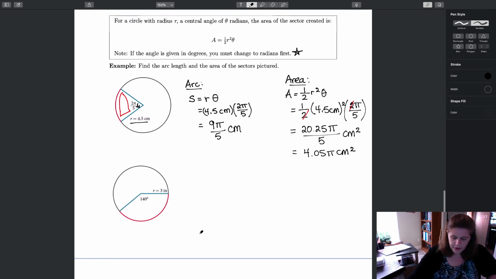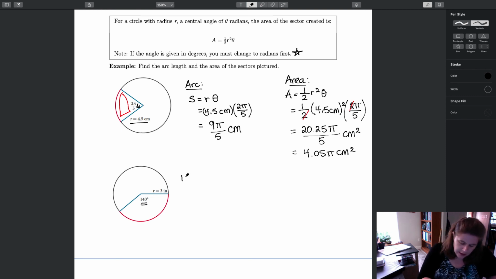Here's a different circle, so if I'm dealing with a different circle here, notice that I have 140 degrees for my angle this time. So if we want to change that angle, 140 degrees, into radians, we multiply by pi over 180. Simplifying that, let's see, so we will divide by 20 and we get 7 pi over 9.